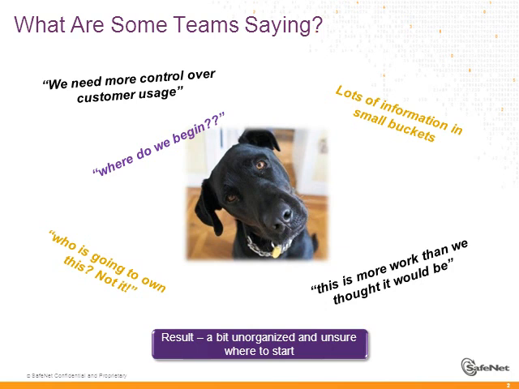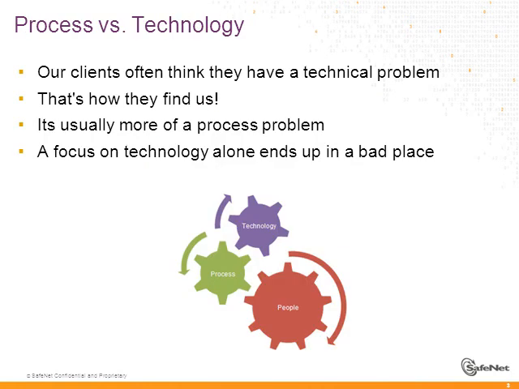So in general, when I start working with these teams, more often than not, I find that the teams tend to be a little unorganized, not really sure where to start, which is perfectly normal. So I got to thinking, why is that? Well, our clients, SafeNet's customers and prospects, come to us most of the time thinking they have a technical problem.